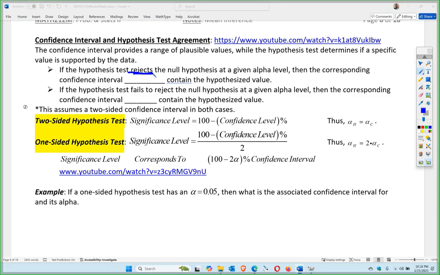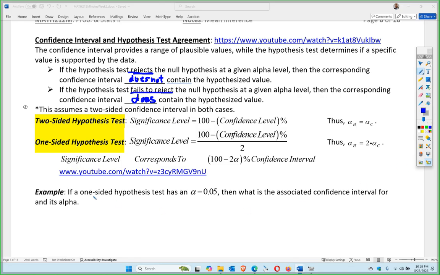If the hypothesis test fails to reject the null hypothesis, then the confidence interval does contain the value. So the hypothesis test and the confidence interval should line up. And the alpha levels change from one to the other too.